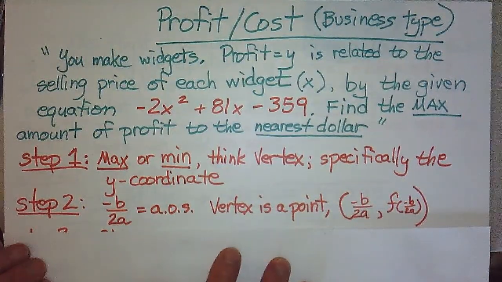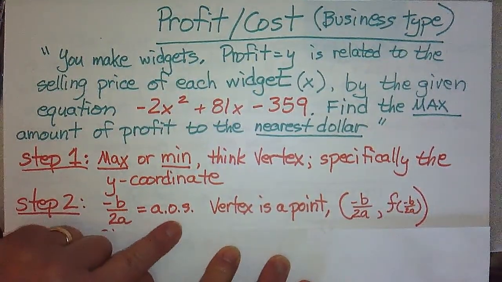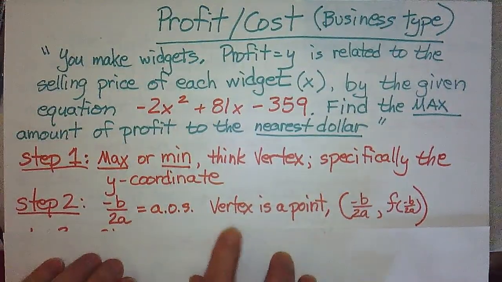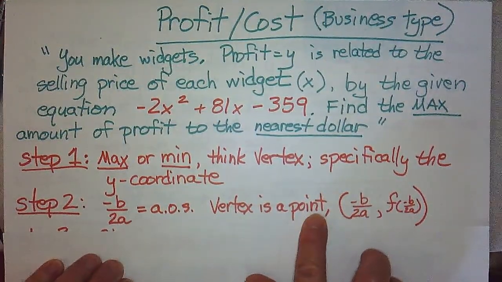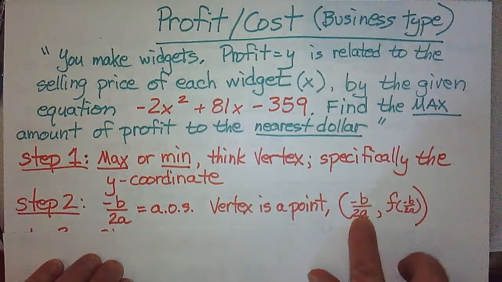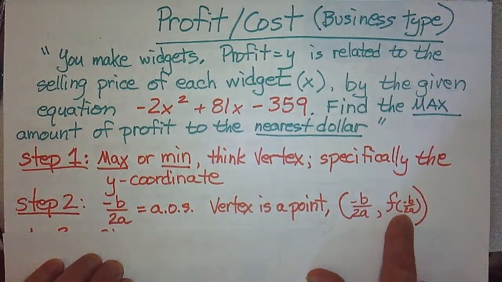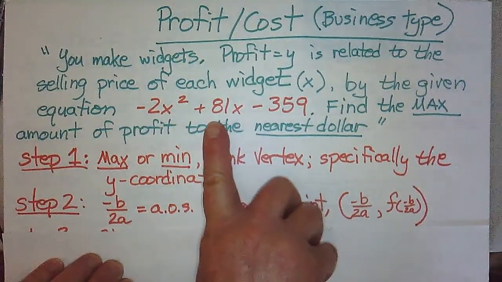So here we go. Negative b over 2a is the axis of symmetry formula, and the vertex is a point given by x, the axis of symmetry, and then f of the axis of symmetry, when you plug the axis of symmetry back into this equation.